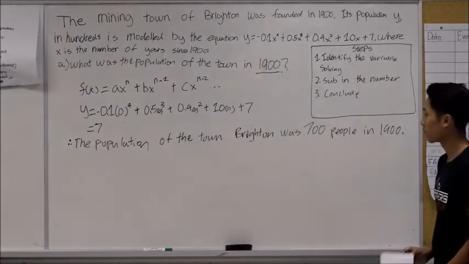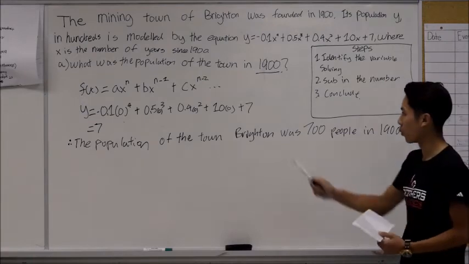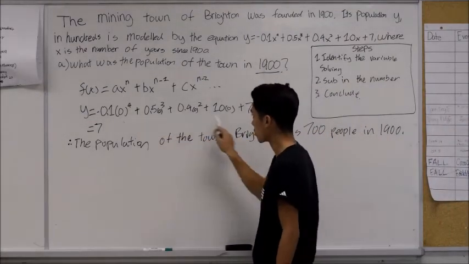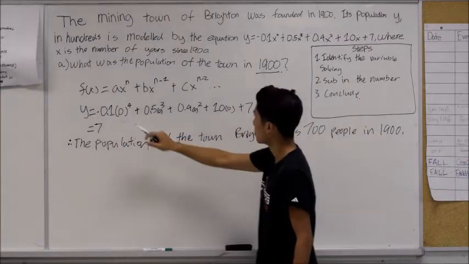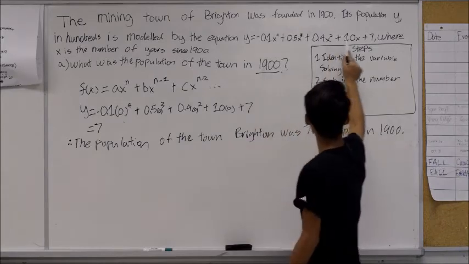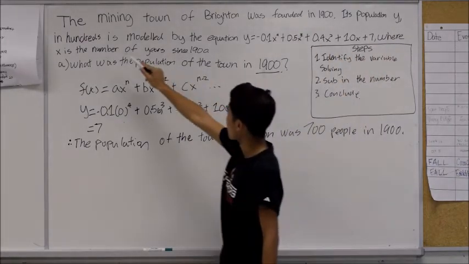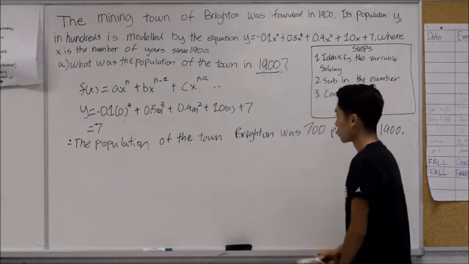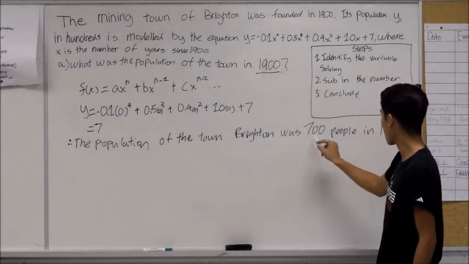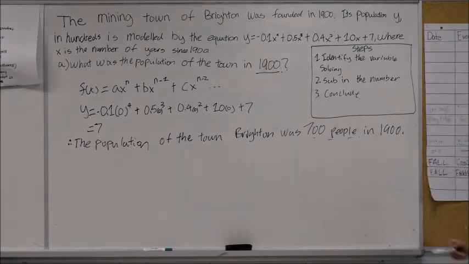We need to identify the variable that we're solving for, which is y. After we sub 0 into the equation, we get the answer of 7. But remember, the question says y is in hundreds. Therefore, we can conclude that the population of the town Brighton was 700 people in 1900.